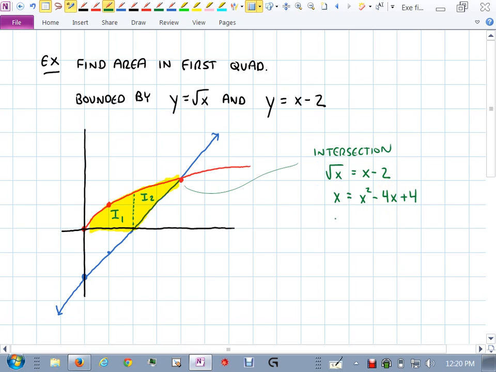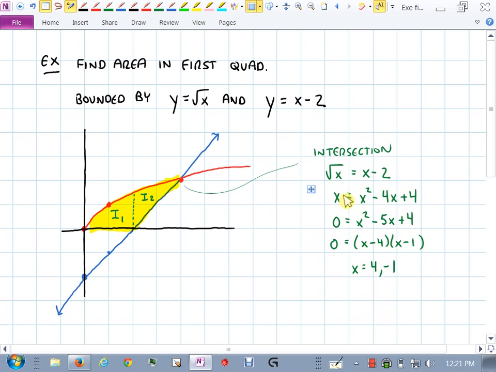Then you move everything to one side. 0 equals x squared minus 5x plus 4. And then you get 0 equals factoring (x minus 4)(x minus 1), and your two solutions are 4 and 1.